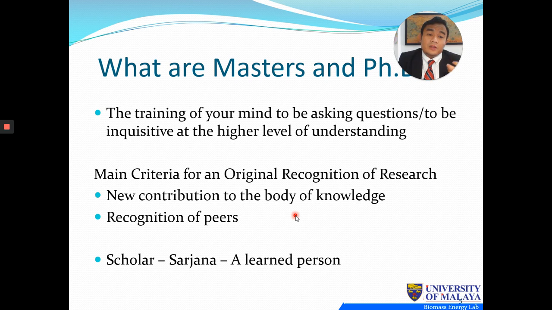In order for you to be a sarjana, you have to undergo this process. And again, I will reiterate later on about this new contribution to the body of knowledge and recognition of peers. But those are the two criteria that are very important in order for you to achieve masters and PhD, because without new contribution to the body of knowledge and without the recognition of peers, then you won't get masters and PhD.